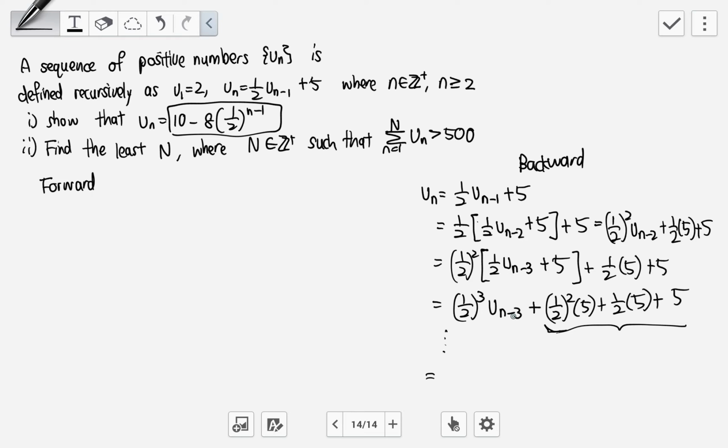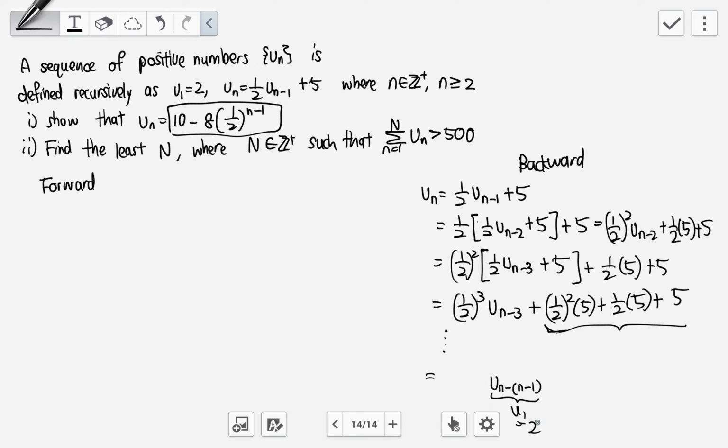There will no longer be the un minus something over here. It will become a number. So I must change it such that it goes to un minus (n - 1), because n minus n is 0, plus 1, this will give me my u1. u1 is just 2. So I want to reach this term.